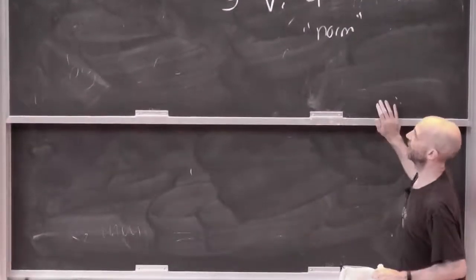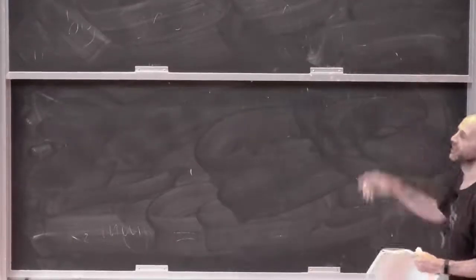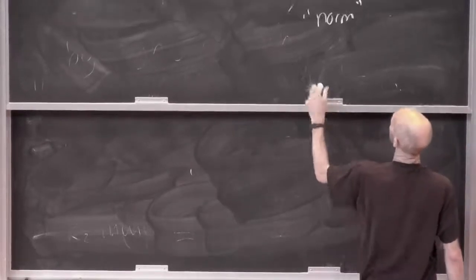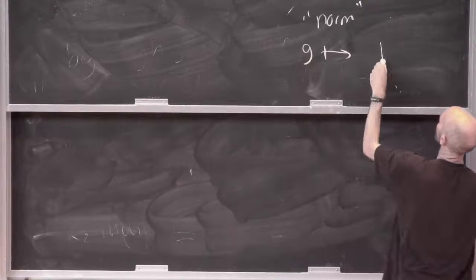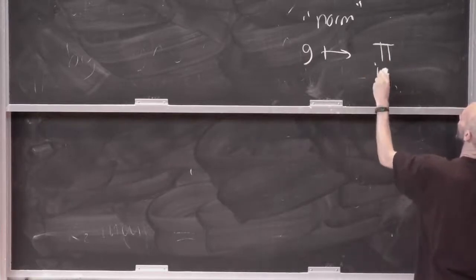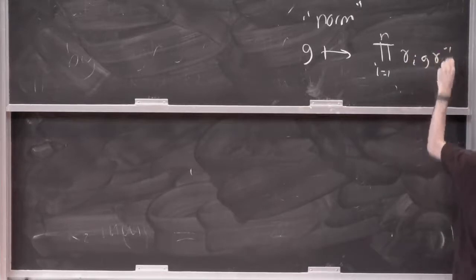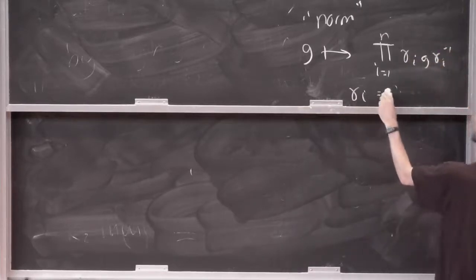And that Verlagerung, we'll never use this, I'm just telling you. I'm just basically listing all the properties of class field theory I can think of. So it's basically G goes to the product for i from 1 up to n of gamma i G gamma i inverse, where the gamma i are a set of coset representatives.